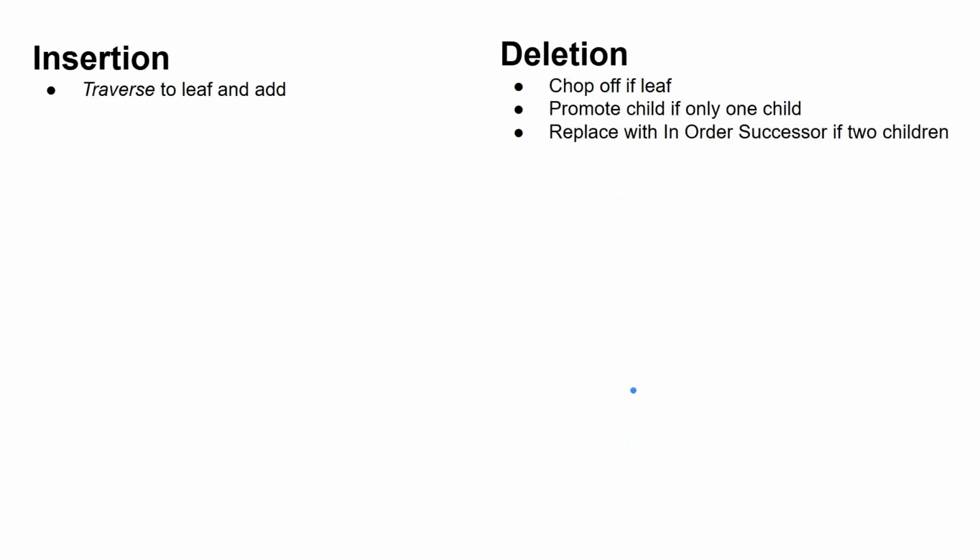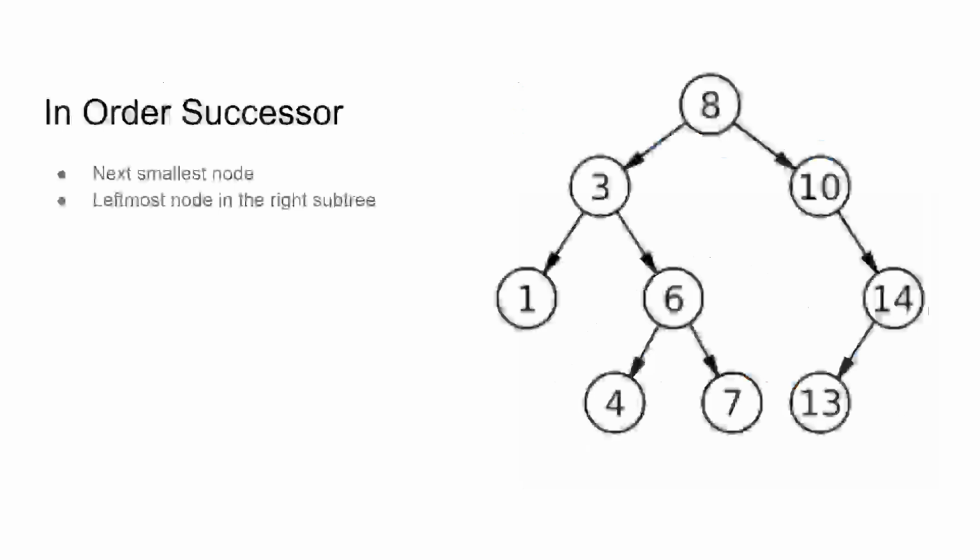Finally, when we're deleting a node that has two children, we're going to use something called the in-order successor to replace the node we're trying to delete. And the in-order successor is defined as the next smallest node in the tree, and the way we'll find it is by going to the leftmost node in the right subtree.